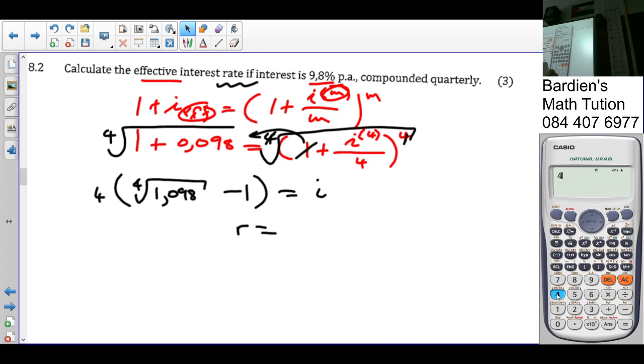So it's 4 open brackets, the fourth root of 1.098 minus 1. That gives 0.094, times 100 gives me 9.46%.